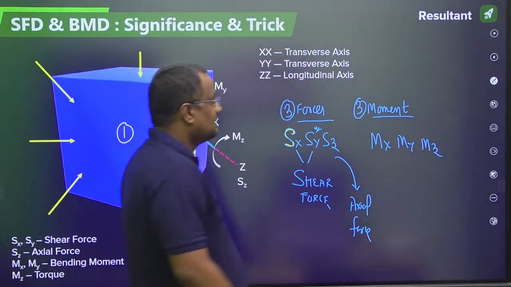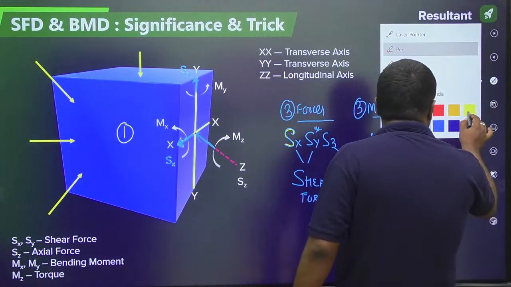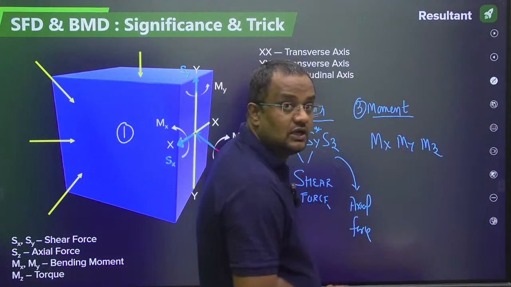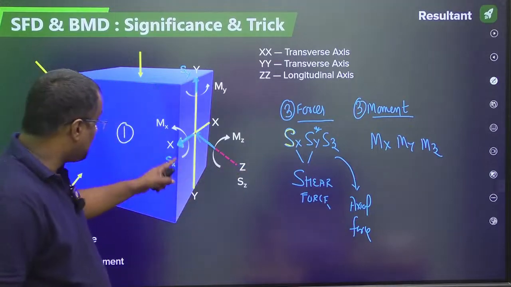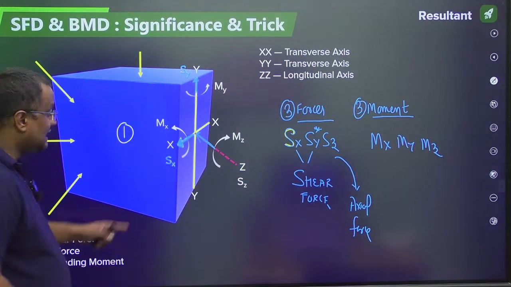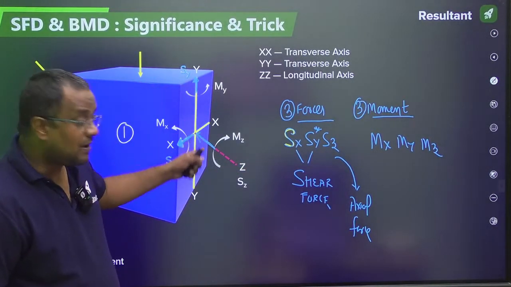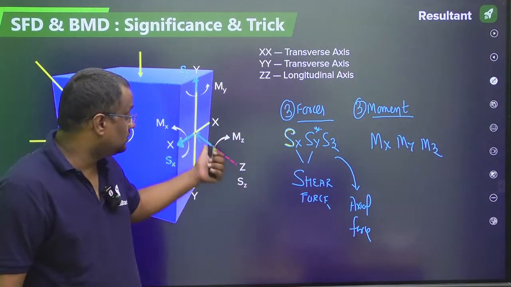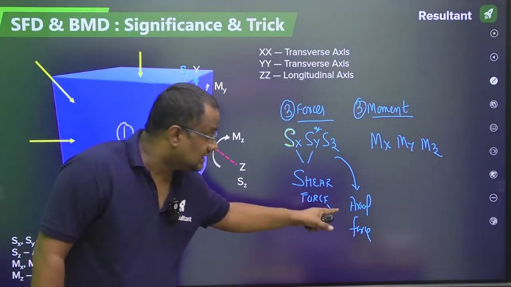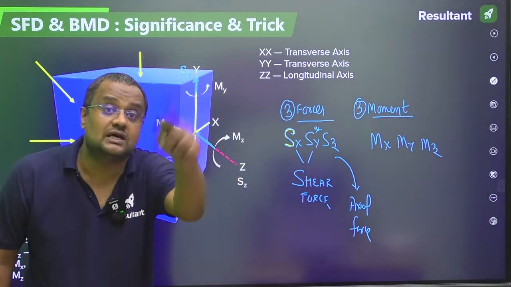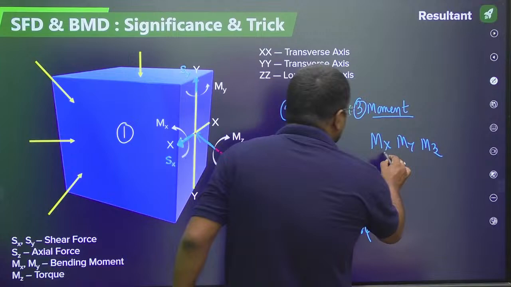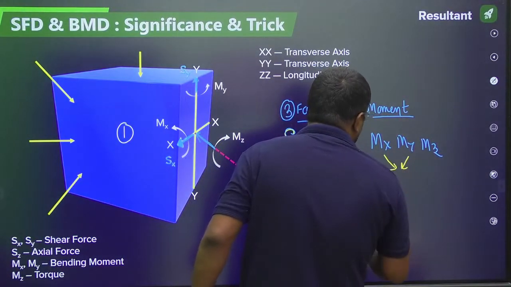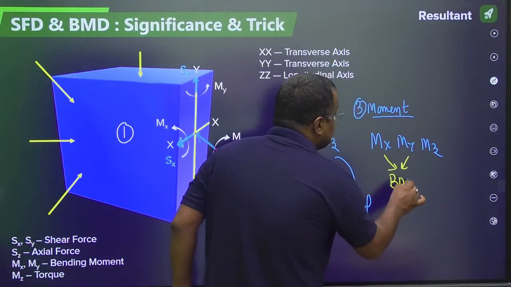Similarly, the bending moments are coming here: the moments mx, my, mz. x and y are the transverse axes. About the transverse axes, the internal forces are shear forces, and along the longitudinal axis, the internal force is the axial force. Similarly, mx and my are bending moments.